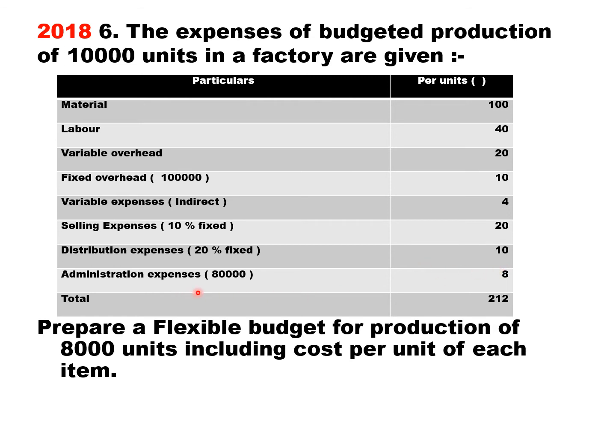Administration expenses, in bracket they are giving 80,000. How? 8 rupee per unit into 10,000 units is equal to 80,000 rupee. Since administration expenses is fixed in nature, they only have given you the total fixed cost. So complete 80,000 will be fixed.